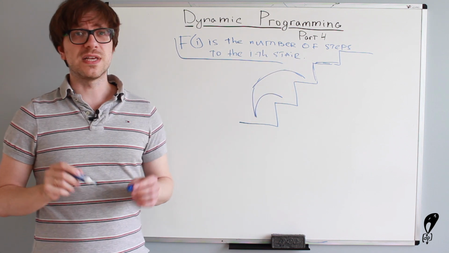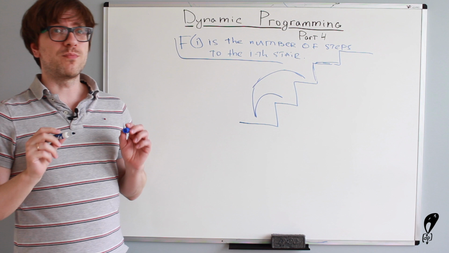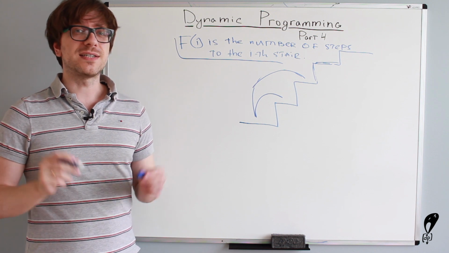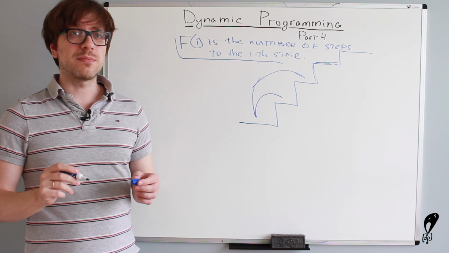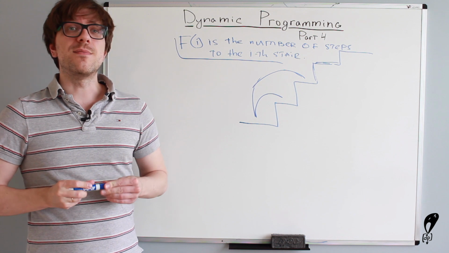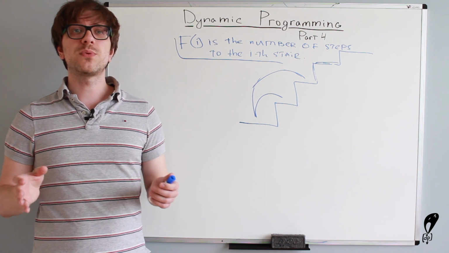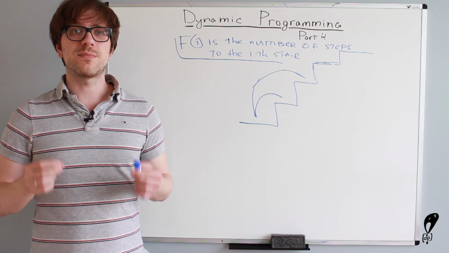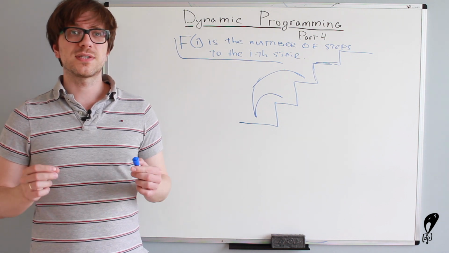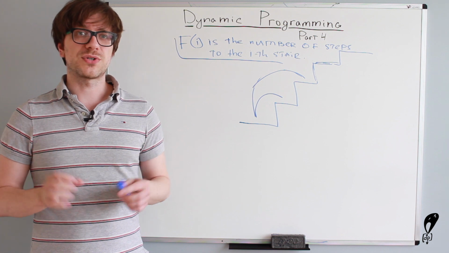And now the second step is to break the problem down into simpler sub-problems and identify the base cases. Remember, dynamic programming is always about breaking down the problem into simpler, smaller sub-problems.